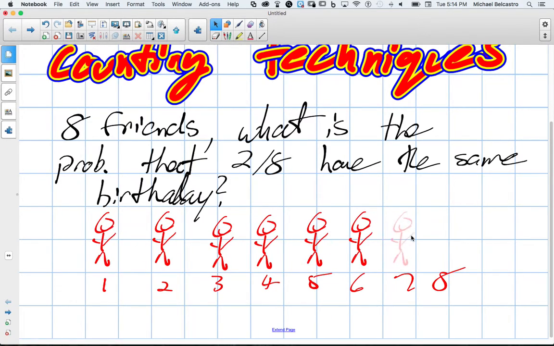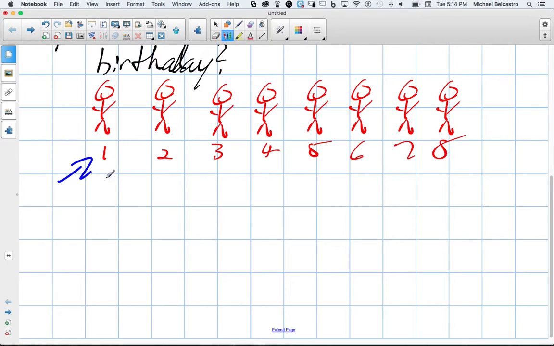So the very first person here, the probability of him having a birthday. It can be common to think, okay, what's the probability of his birthday? Well, it's 1 day out of 365. But actually, his birthday is the one that's not really that important. It's independent. It doesn't matter what his birthday is.